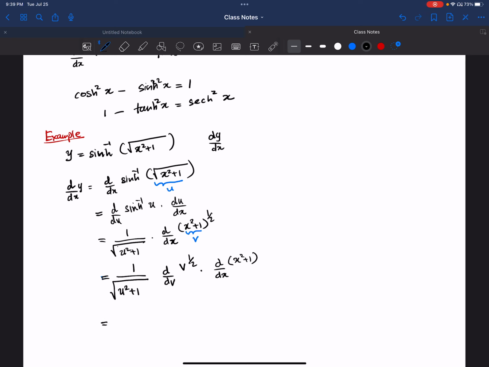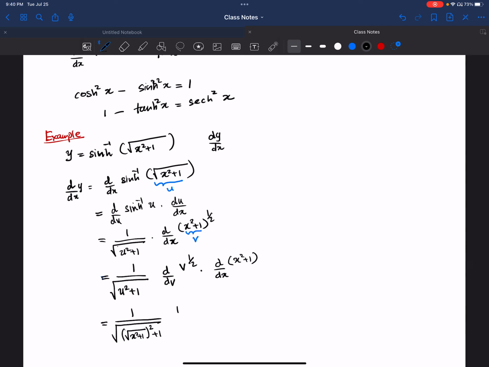And u is the square root of x squared plus 1, so u squared is x squared plus 1.